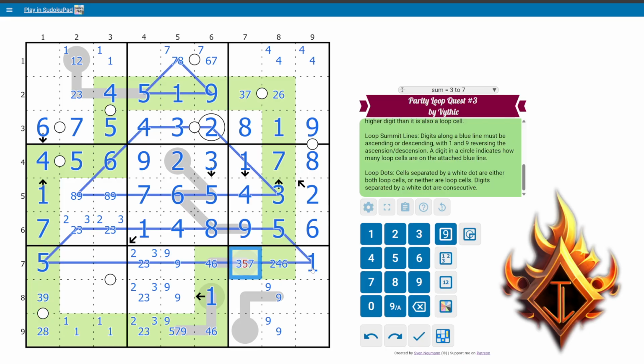This cannot be 7 anymore either, so it is 3. 9 can still be here somewhere.